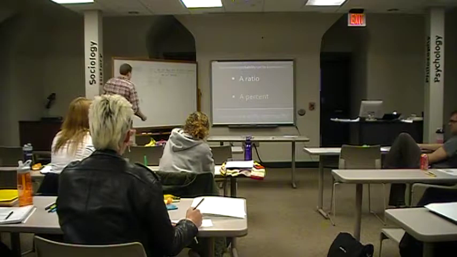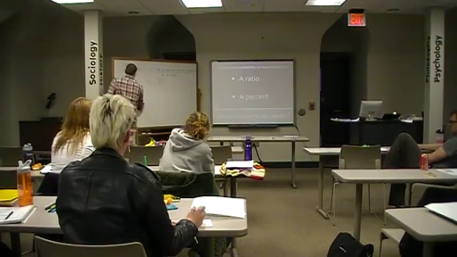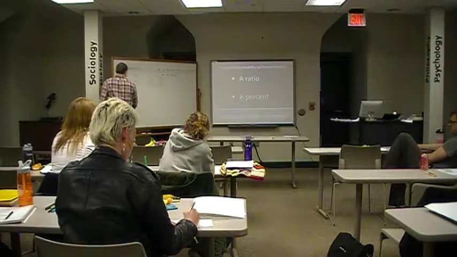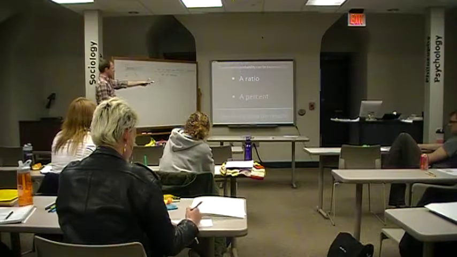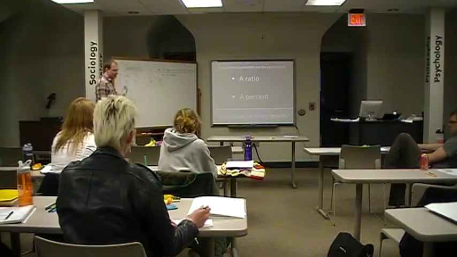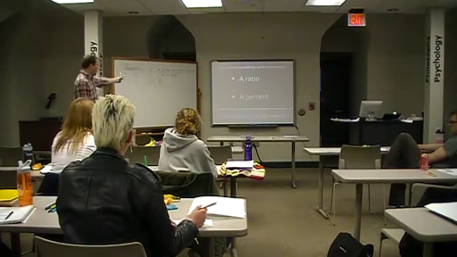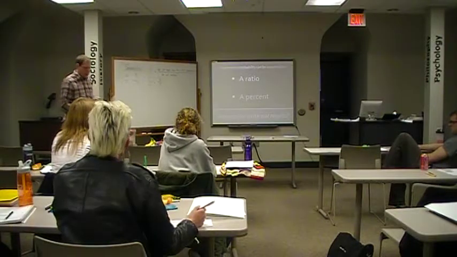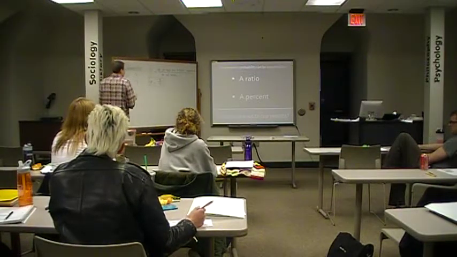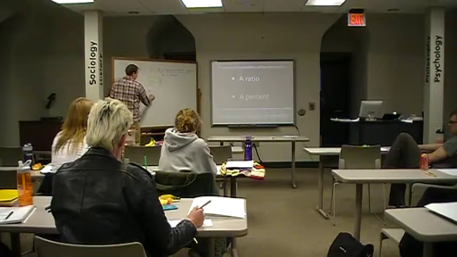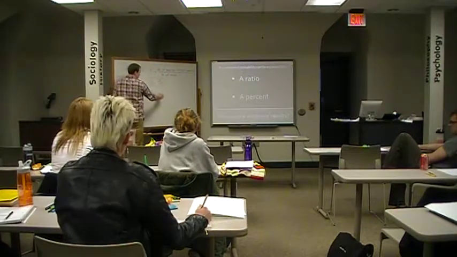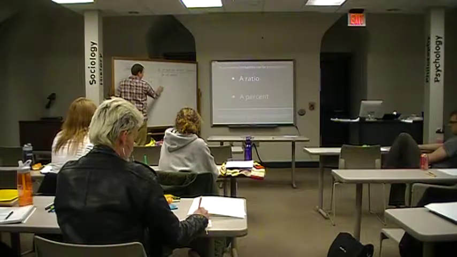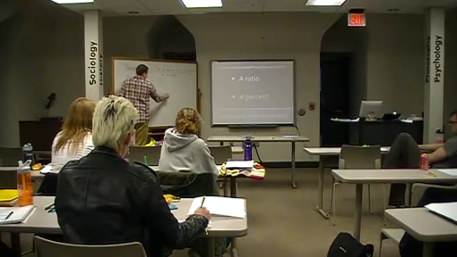Good. The second way we write our probability after the ratio is a percent. The way we write a percent is we simply use the numbers that are already in our ratio. We take the top number, the numerator, which would be 3, and divide it by the denominator.